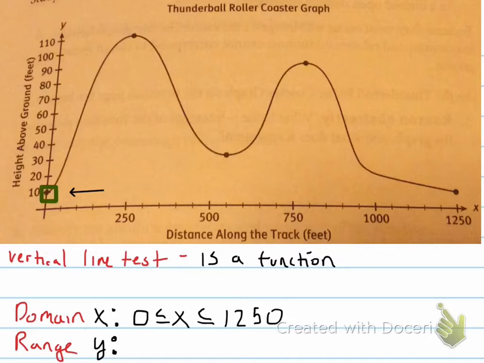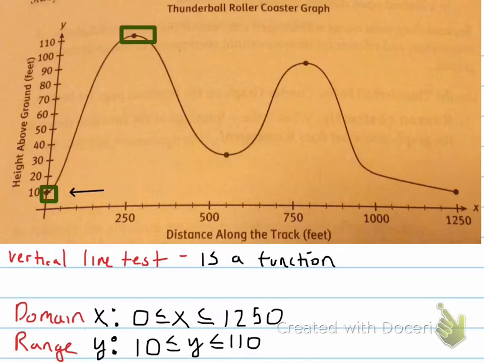There. But that's the smallest Y. What's the biggest Y? And it's the height of your graph. So given those 2 points, I can say the range of Y starts at 10, less than or equal to Y, less than or equal to, and the height is 110.